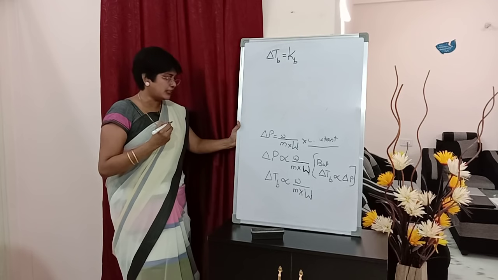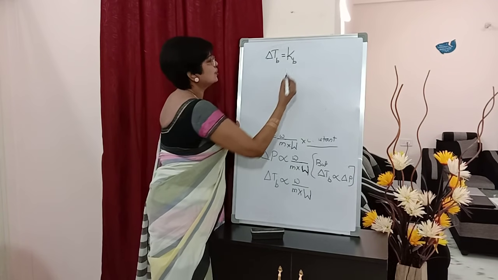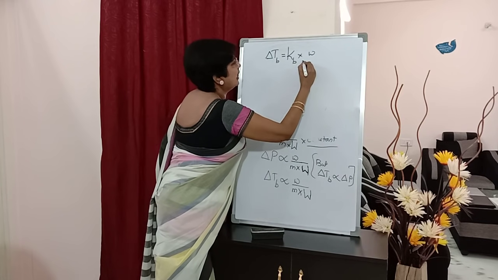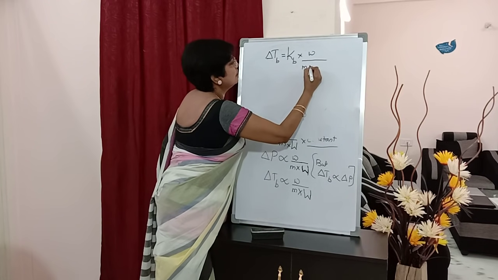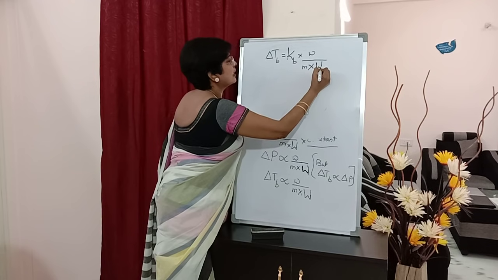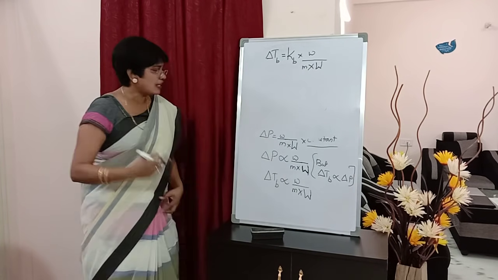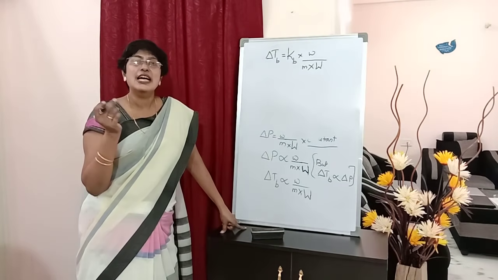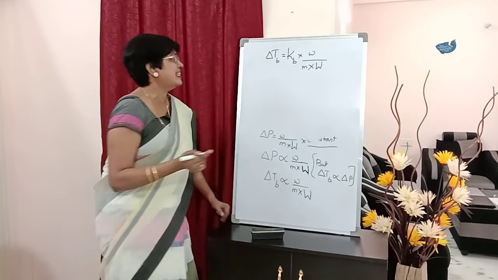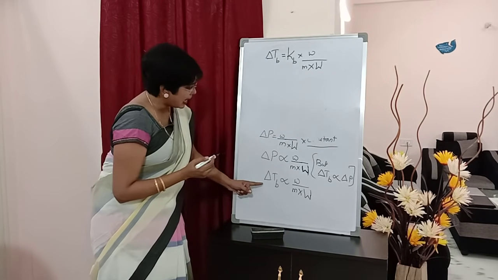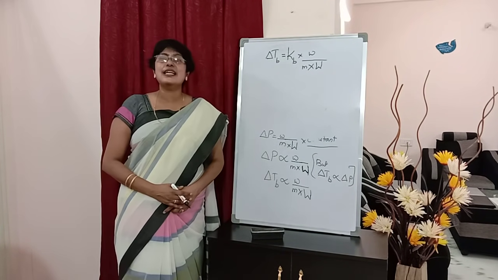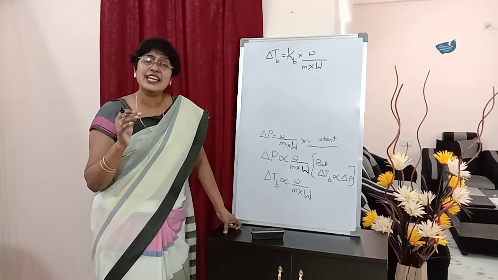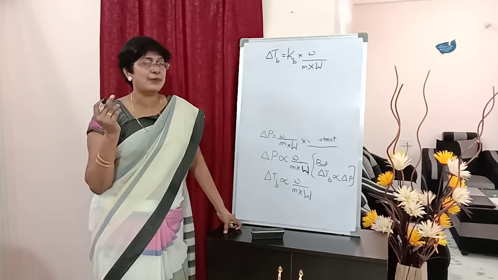Delta TB is equal to KB into small w by small m into capital W. So just remove the proportionality, students. We should write a constant, and that constant taken here is KB. So now this expression becomes delta TB is equal to KB into small w by small m into capital W.